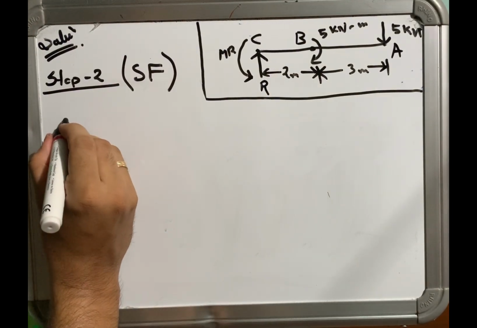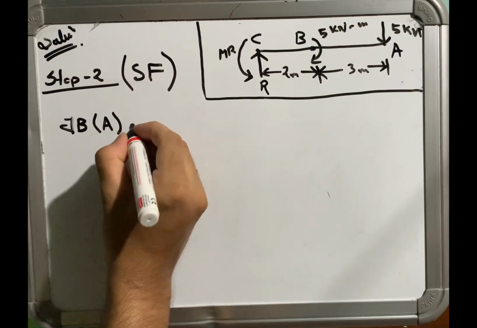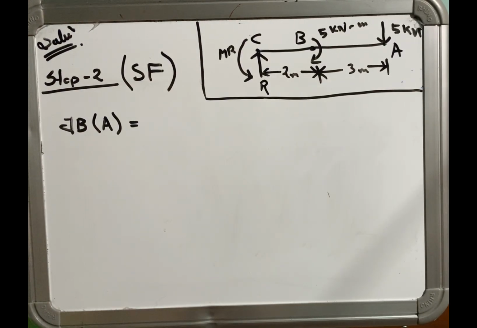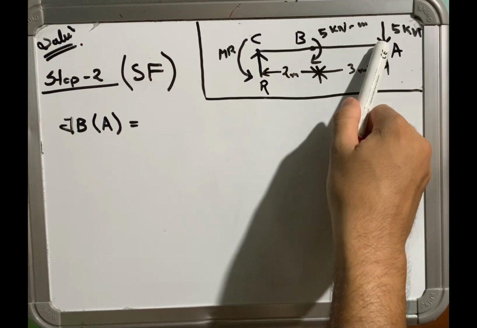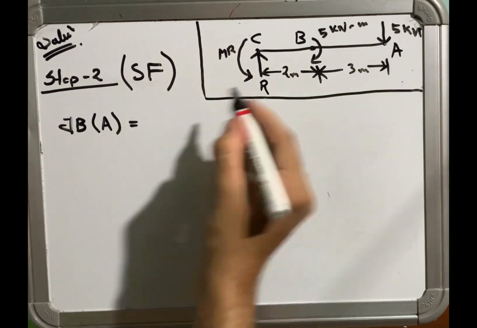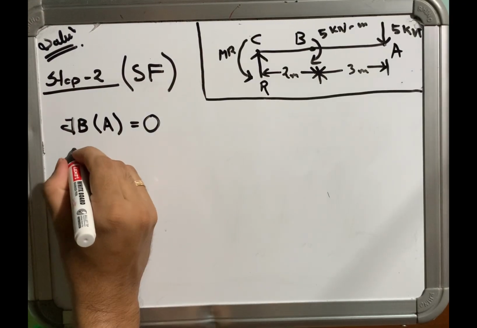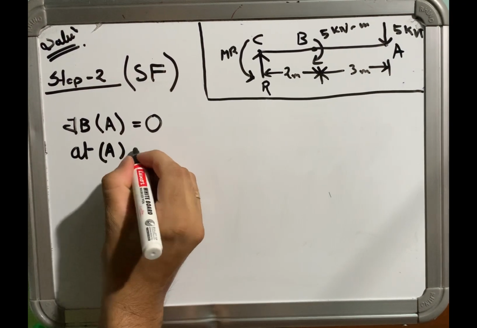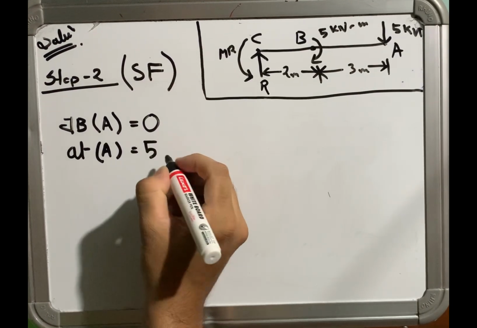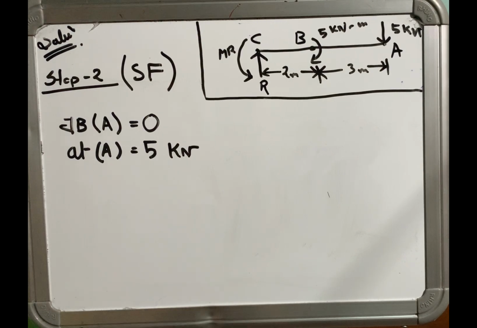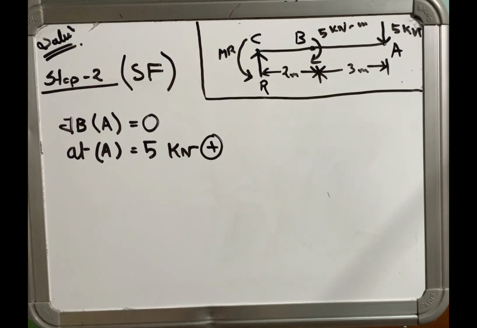So let's write just before A. Just before A it is 0, as you can see. The point before A has nothing, that's why it is 0. The next is at A. At A we have a 5 kilonewton force, and it is in downward direction, that's why it is positive.